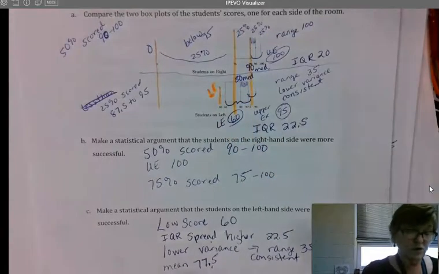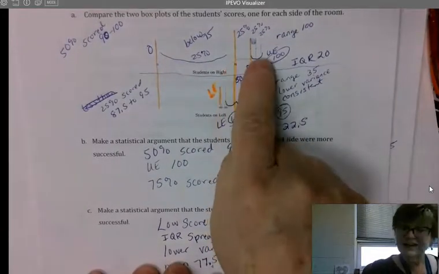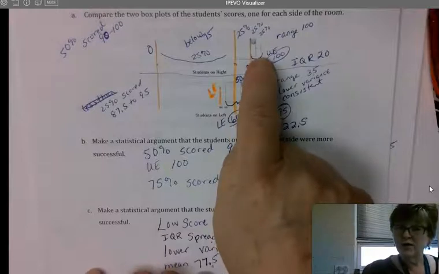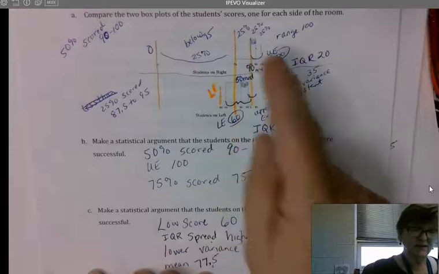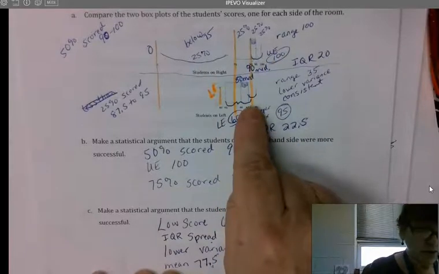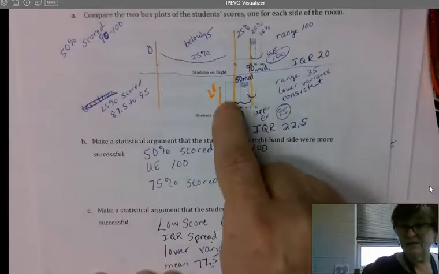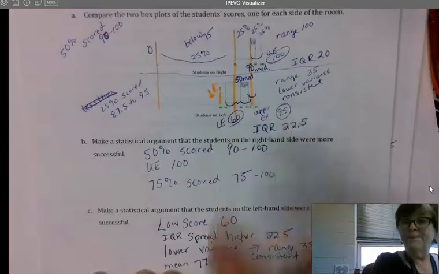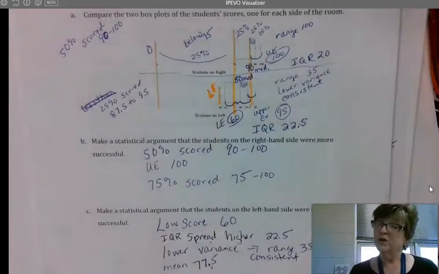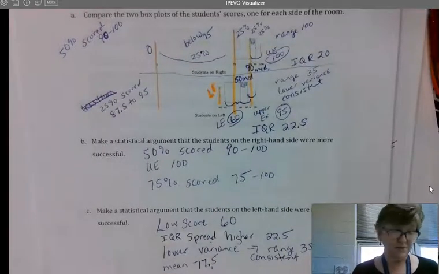Once again, noticing that at least 75% scored probably a passing grade, since usually a 70 is passing. Whereas here, we do not have 75%, less than 75% scored a passing score. So, which one do you think is a better comparison?